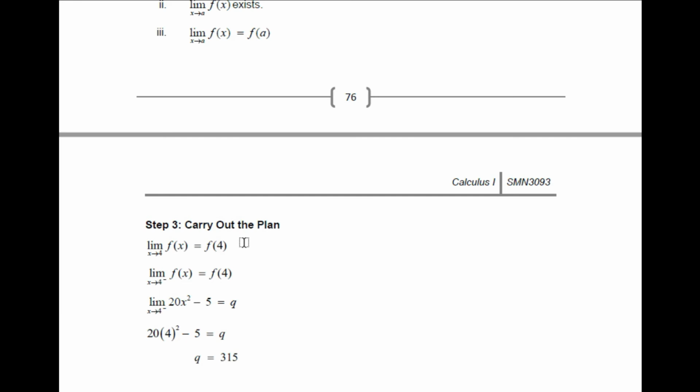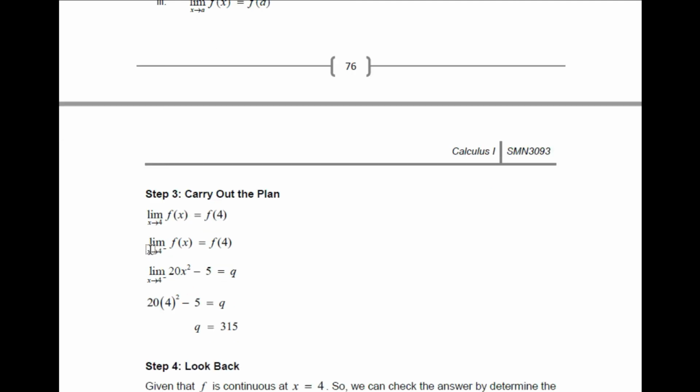So we carry out the plan to find q, where we use the third condition, which is the limit of f(x) as x approaches a is equal to f(a). So a we replace by 4. So we solve for the limit of f(x) as x approaches 4 from the left is equal to f(4).